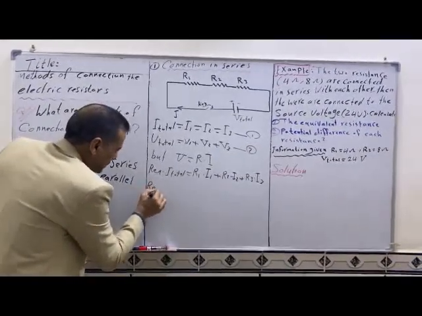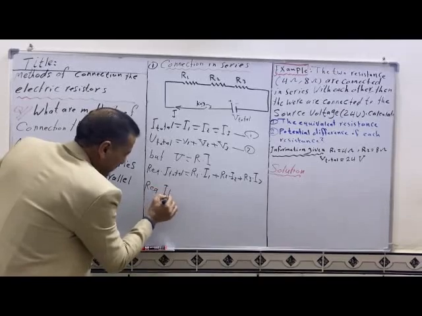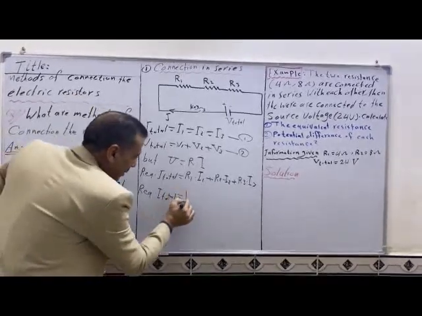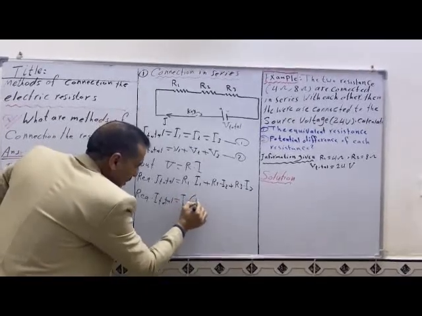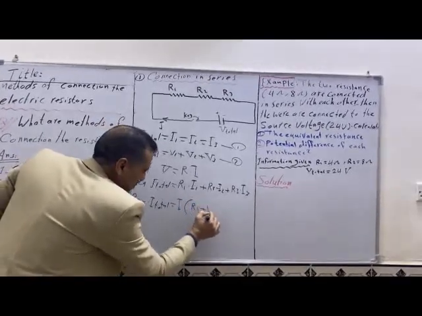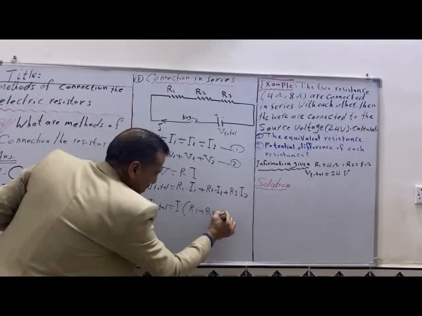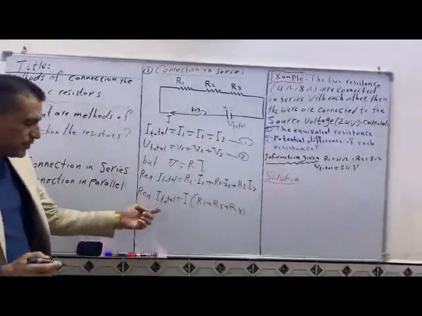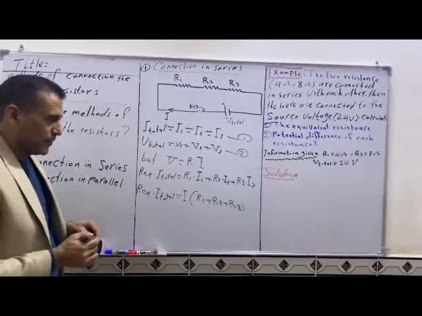R times I total equals I times (R1 plus R2 plus R3). The electric current is equal.